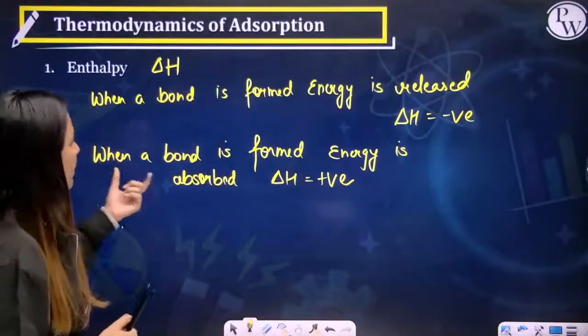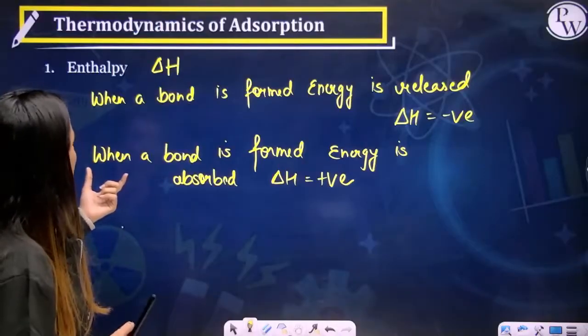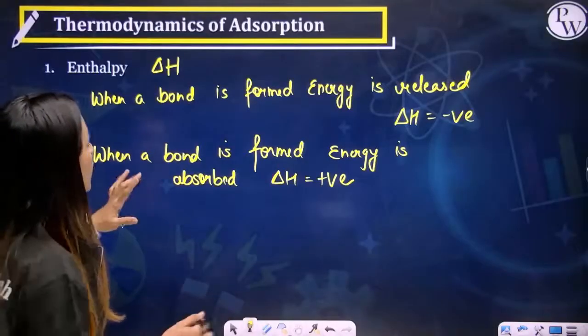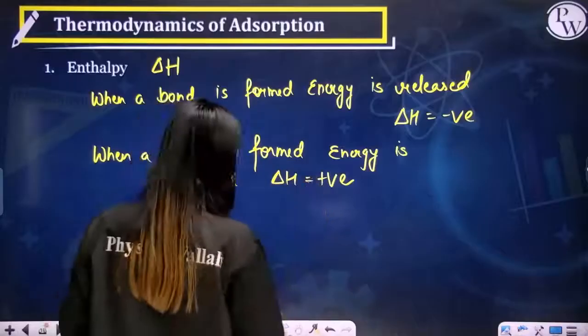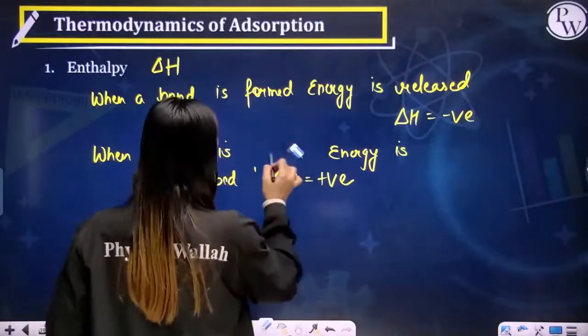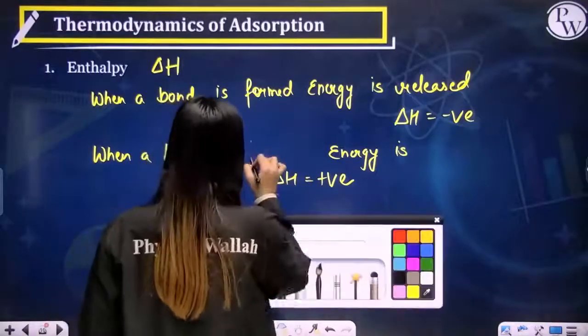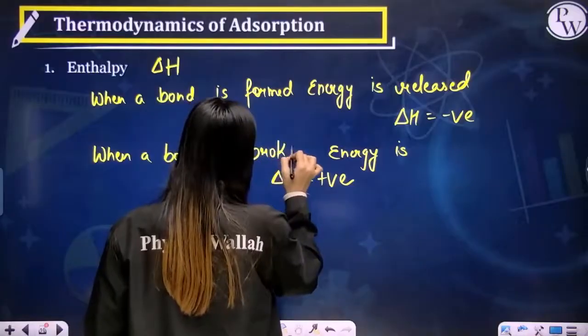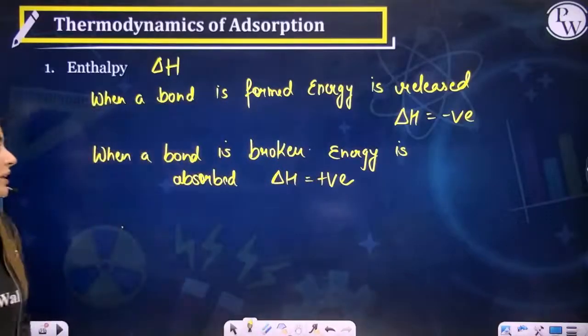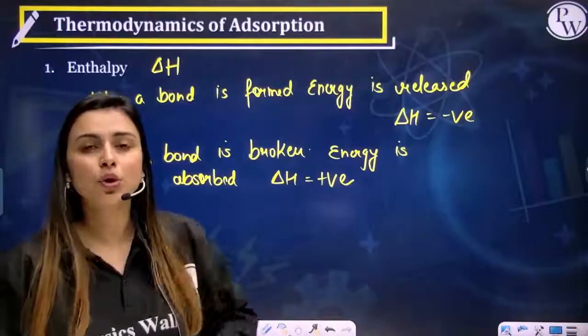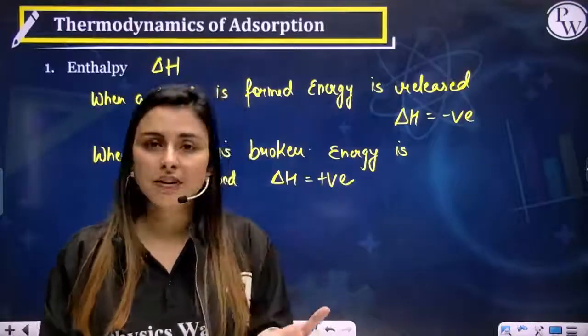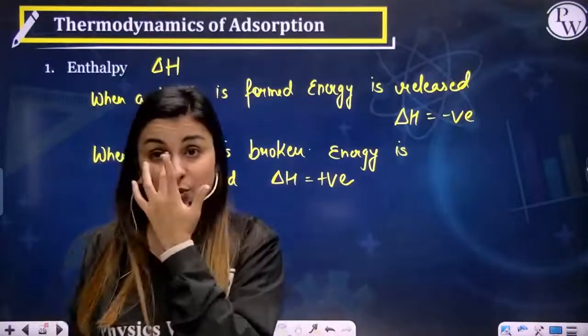So whenever a bond is broken, energy is absorbed. Obviously, if you want to break a bond, you need to give a lot of energy. So delta H is positive.